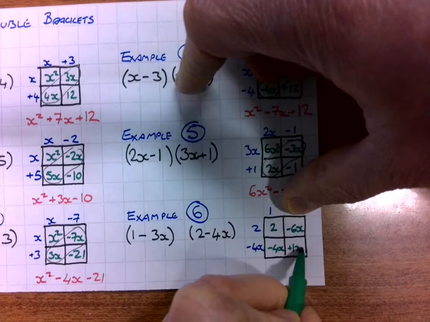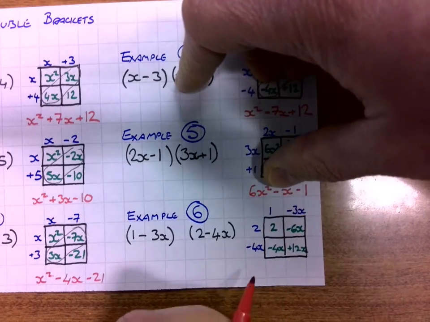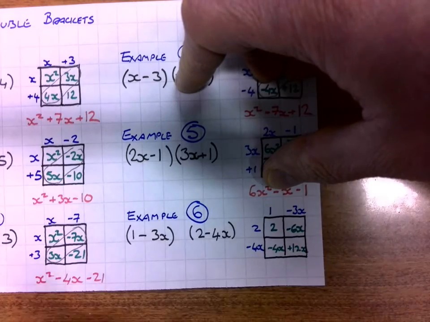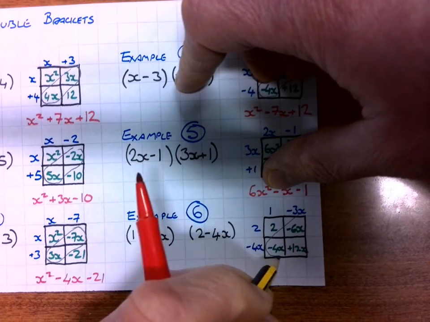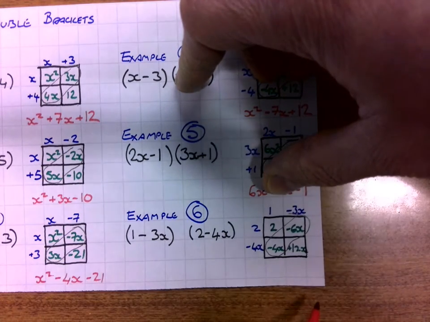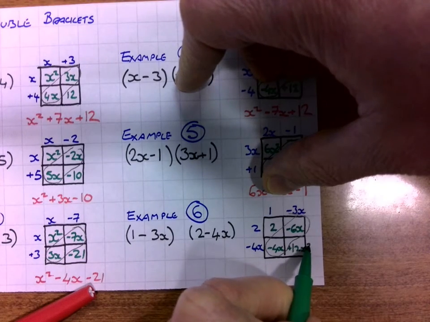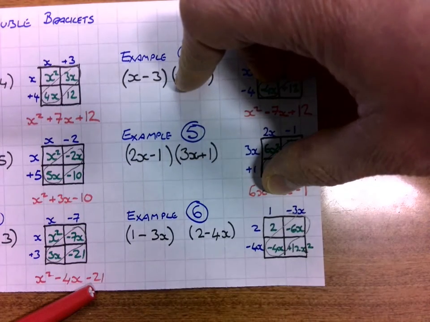So I have to bring that all together. Again, I draw my sock around the things I can collect. Sorry, my bad, that's x squared there, isn't it? x times x will give me x squared.